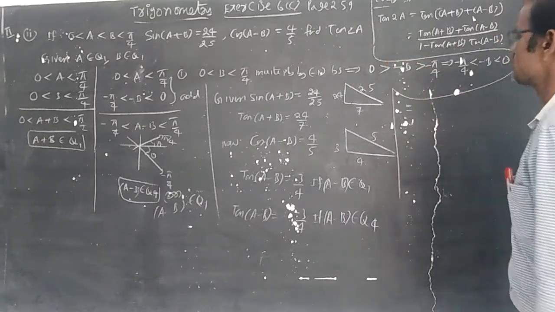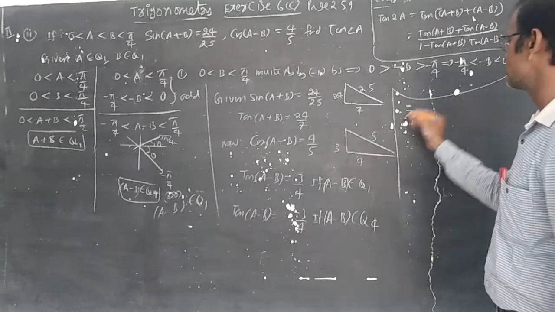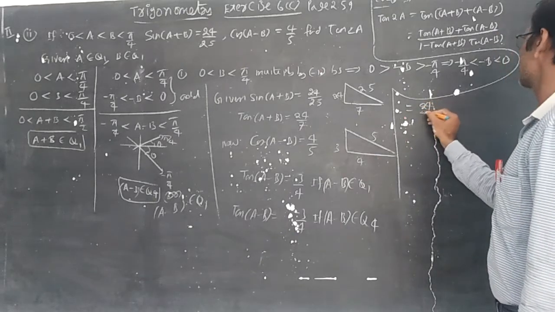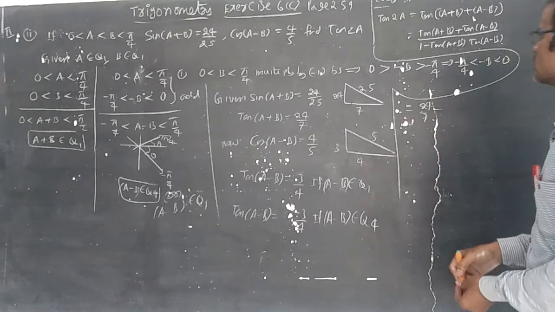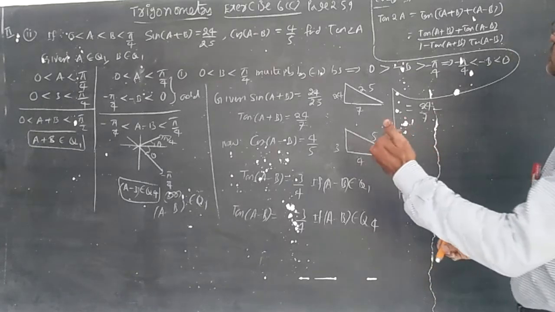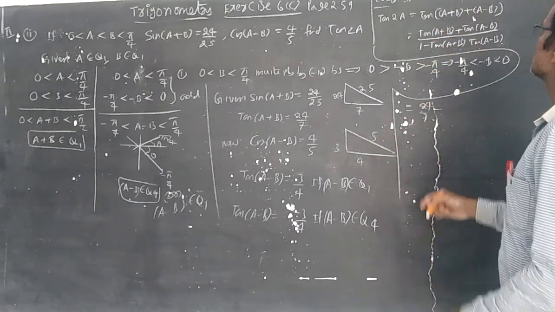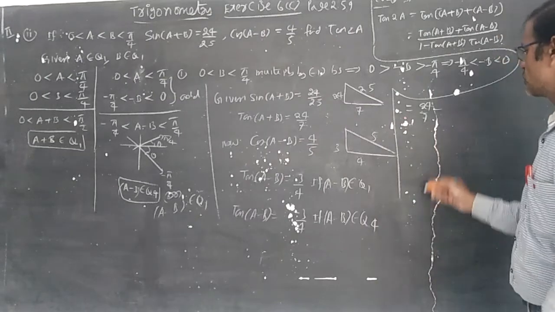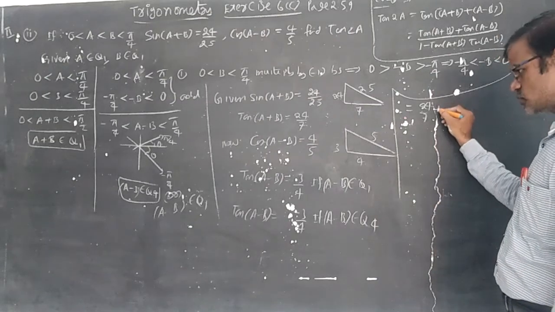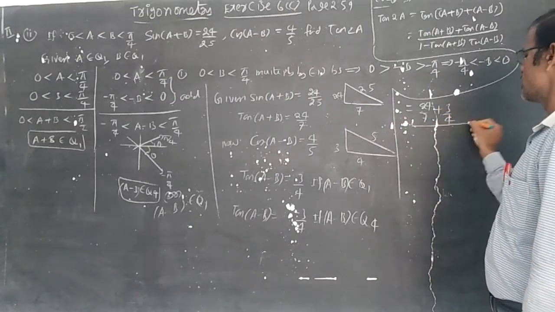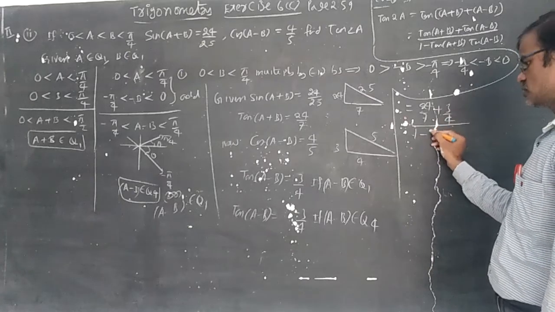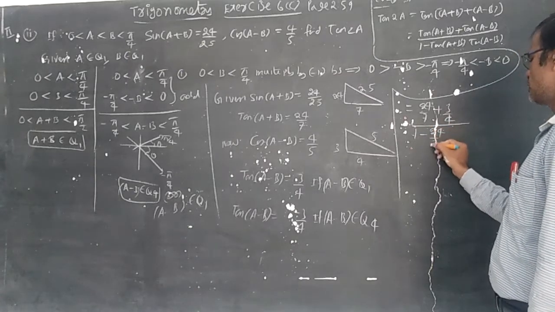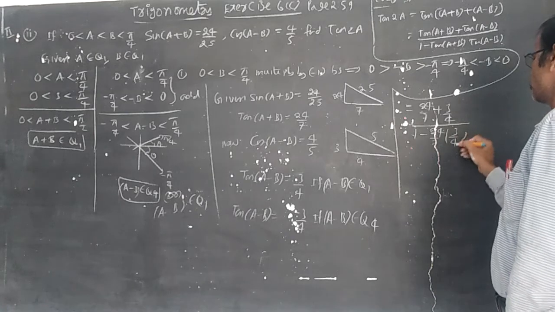That is equal to tan of A plus B, value we got 24 by 7, and tan of A minus B value, take, if I had written, they are in Q1. Now 24 by 7 plus 3 by 4 whole by 1 minus 24 by 7 into 3 by 4.